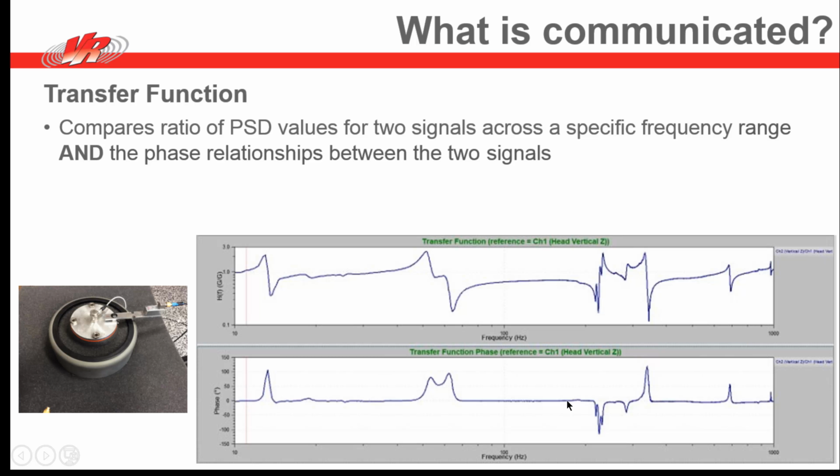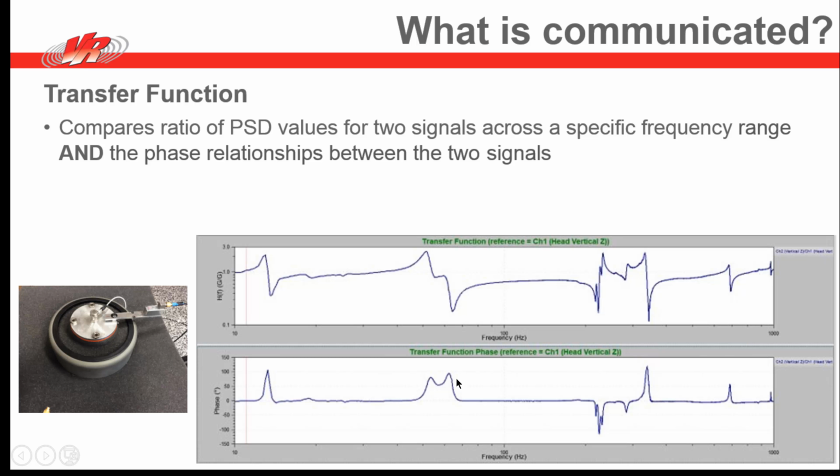So we can find out whether or not the end of this beam and the shaker head are moving up and down at the same phase. Are they in sync, or are they out of sync? Are they out of phase? And for example, at say about 350 hertz here, the end of that beam is about 130 or so degrees out of phase with the vibration of the head of the shaker.